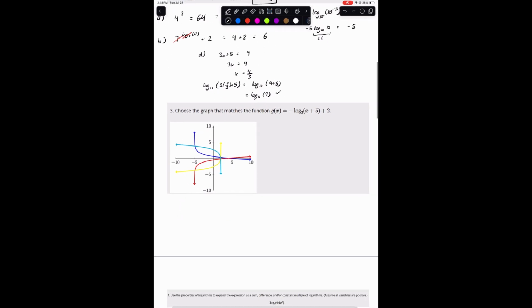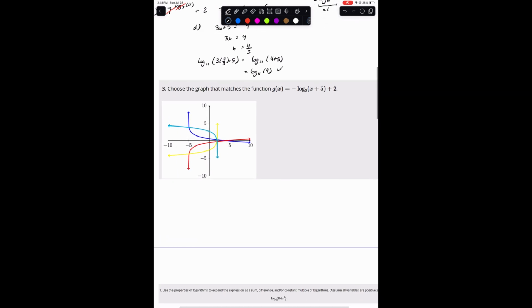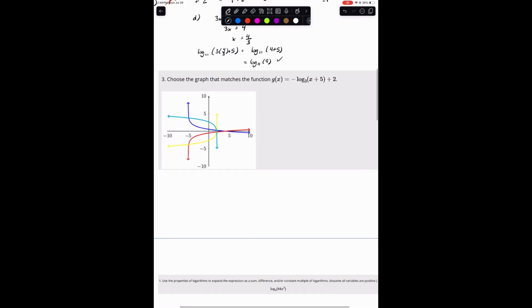We're going to choose a graph that best matches a function given. You'll notice 3 things. One is this reflection across the x-axis. This is left 5, and this is up 2.